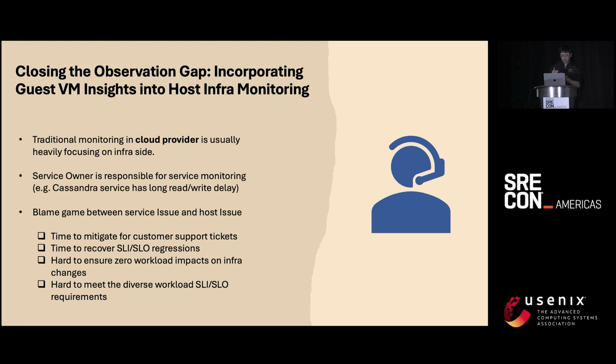Because of the gap, it takes us a longer time to mitigate customer-reported issues, and also a much longer time to recover the SLO regression caused by the infra. And when we receive a customer support ticket, when we are on call, the first thing is to figure out whether it is the customer's own issue, a false alarm, or really our infra issue. So such independent monitoring brings a lot of gaps in the whole on-call and SRE life cycle.